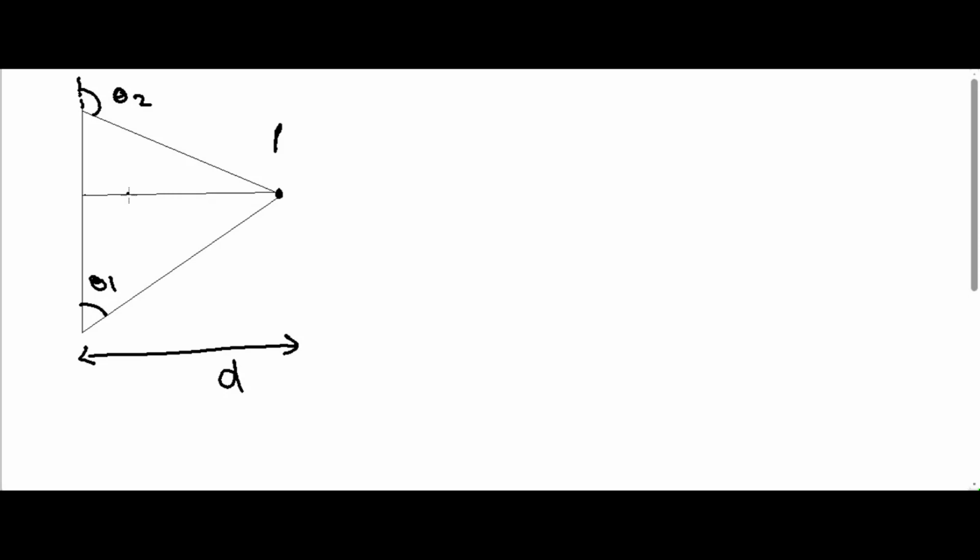So this is a very general case, where any point in the region can be defined by these three parameters d, theta 1 and theta 2. This will also define the length of this wire. So if you are just given these parameters, then I can work out what is the length of the wire and what is the point here.